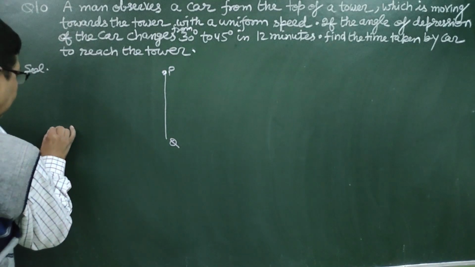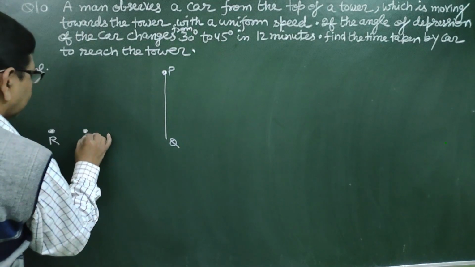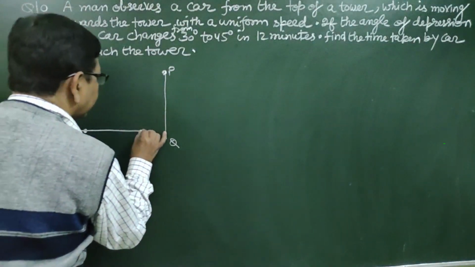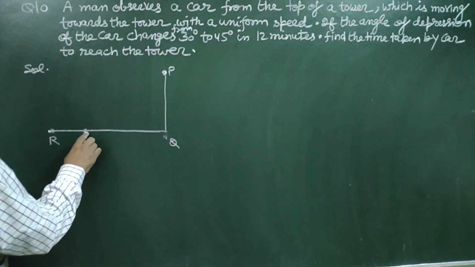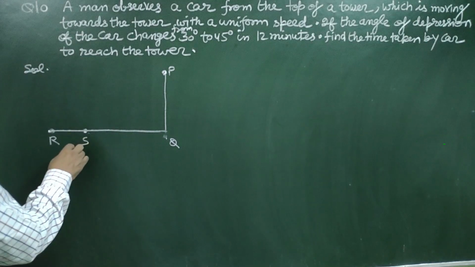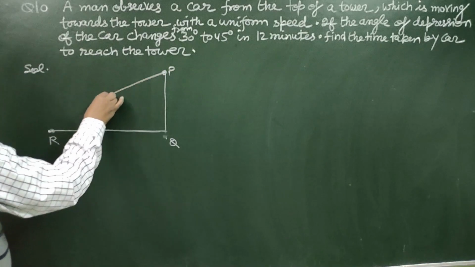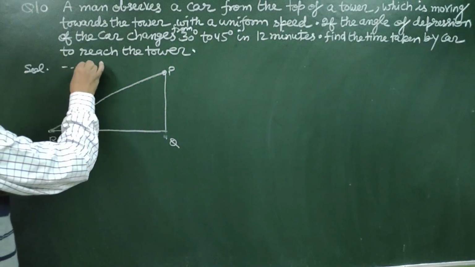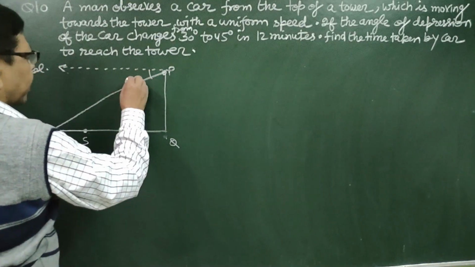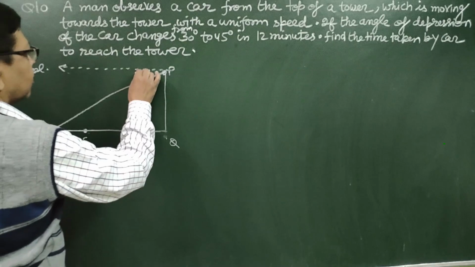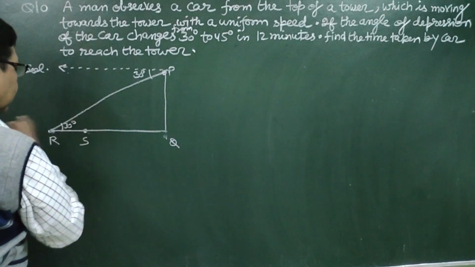So first let the location of the car be at the point R, and then it reaches the point S. Let us draw a road, and first it is at the point R, then it is at the point S. So when first it is observed, the angle of depression from the point P is found to be 30 degree. So we draw a horizontal line here in the downward direction. Angle of depression is 30 degree. If this angle is 30 degree, obviously this angle will also be 30 degree.